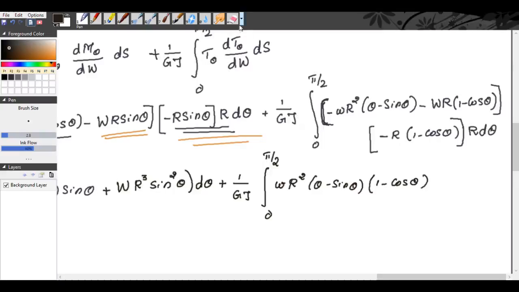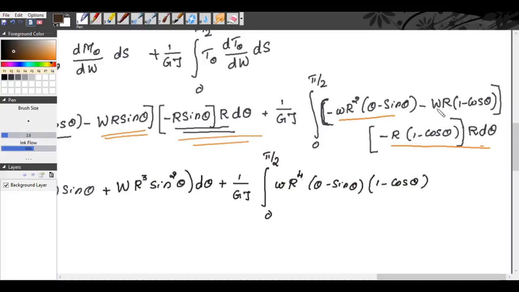So you get r cube here, right? R cube or r raised to 4. W into r raised to 4 minus W R square. So plus, minus into minus plus. We have multiplied this by this. Okay. So we get plus W R raised to 4 into theta minus sin theta into 1 minus cos theta.